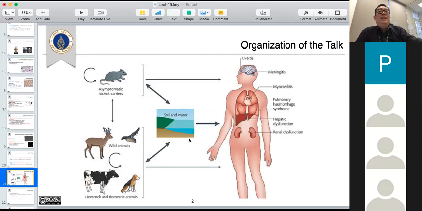Okay, rats probably go to the natural habitat by soil and water in the rice field and get contaminated, to the natural rat, well, not domestic rat, but natural rat in the field. So bacteria cross in so many animals. And bacteria still spread to other mammals also, including deer, cow, goat, sheep, lamb, even bats.